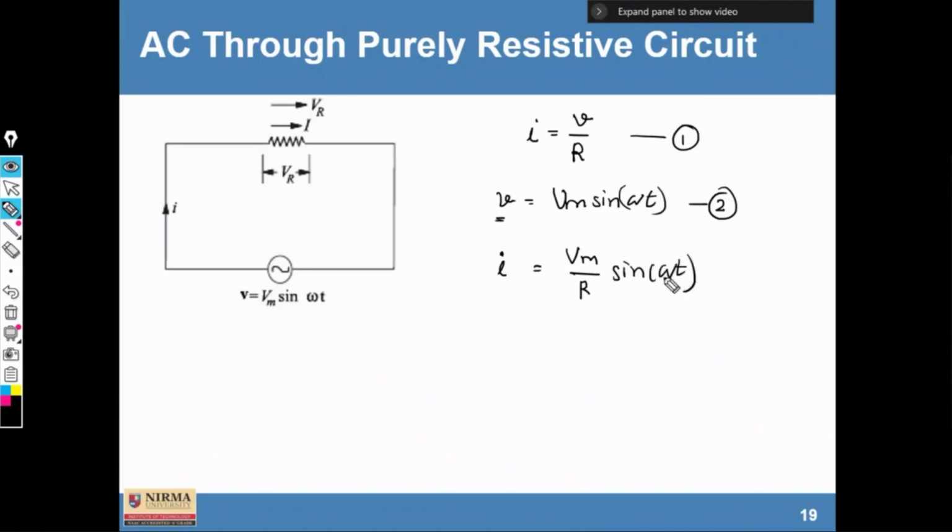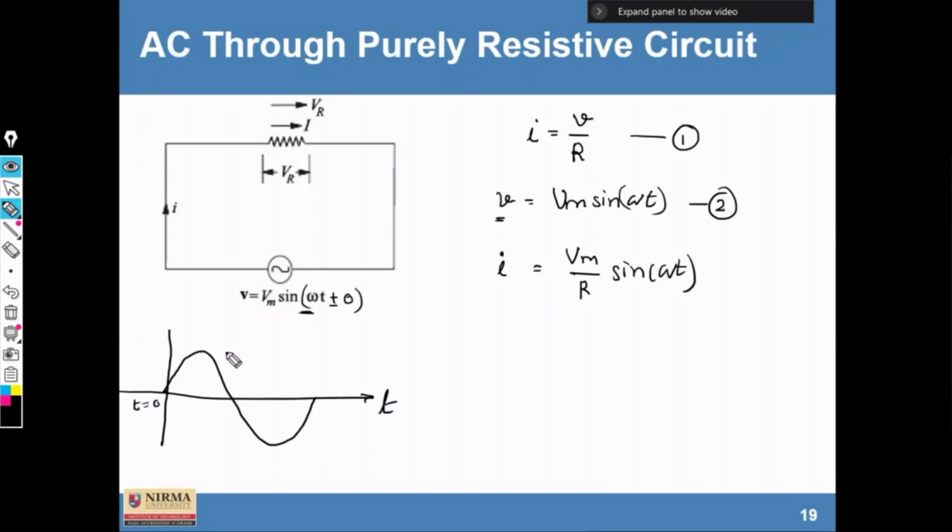Sin omega t. Okay. Now if I want to draw the waveform of voltage, because it is a reference quantity, we can draw the vector with respect to time t here, plus or minus 0. It means it starts from 0 at t is equal to 0 here, and it will act like this.